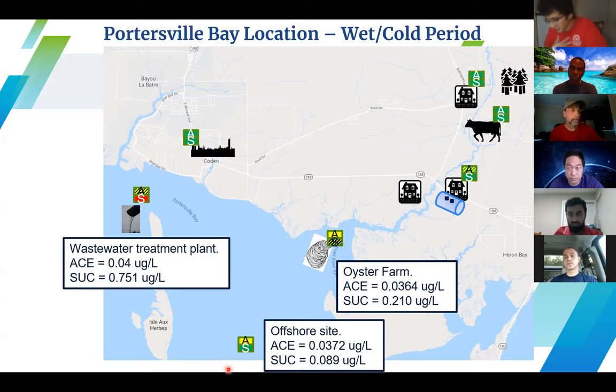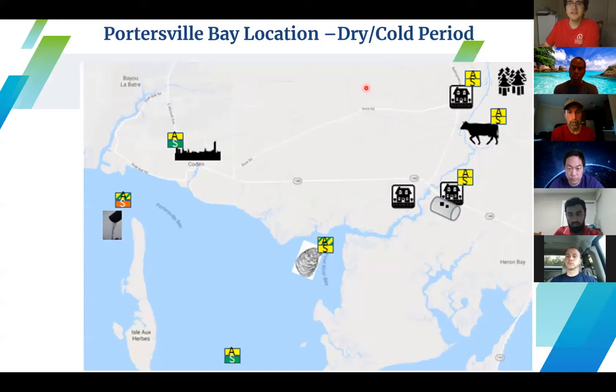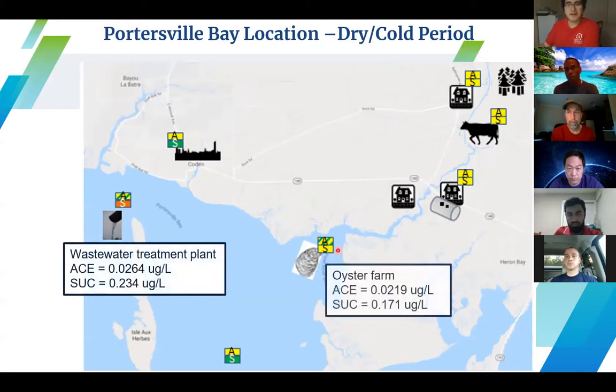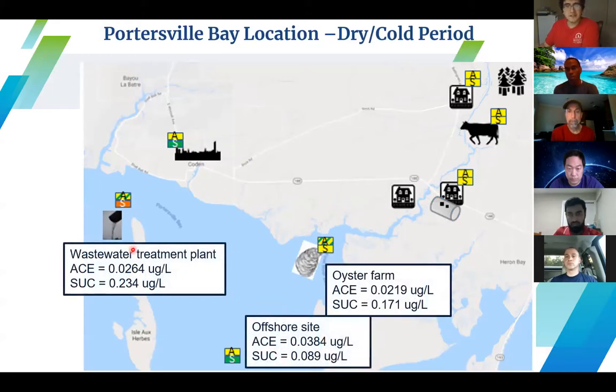The other thing I want to point out importantly is that the Dauphin Island Sea Lab collaborators do not think that there are currents taking contaminants from the wastewater treatment plant to the oyster farm. This is another period that was sampling, and again, these were the three areas of interest.